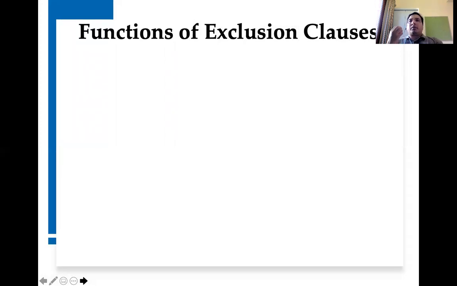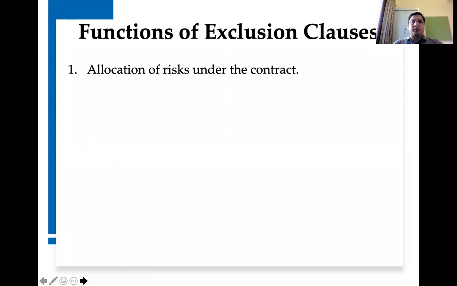Why do parties have exclusion clauses in their contracts? So what are the functions of exclusion clauses? An important function of an exclusion clause is that it allocates risk within the contract.